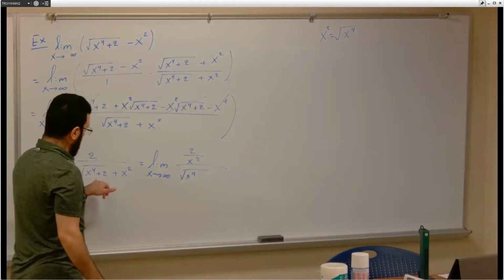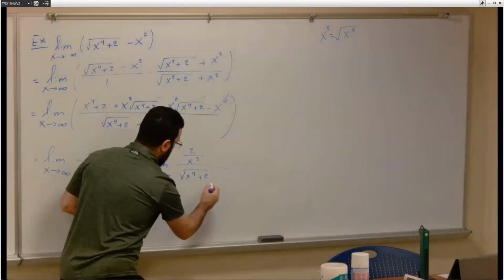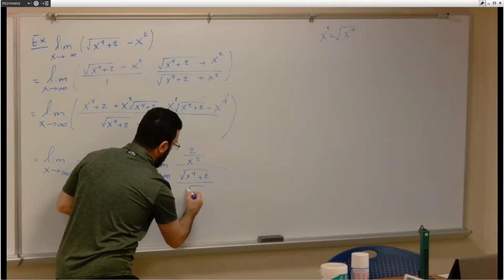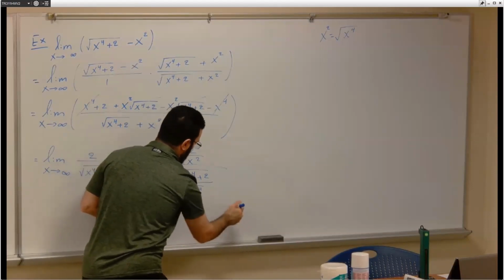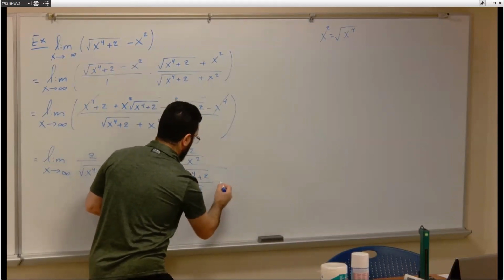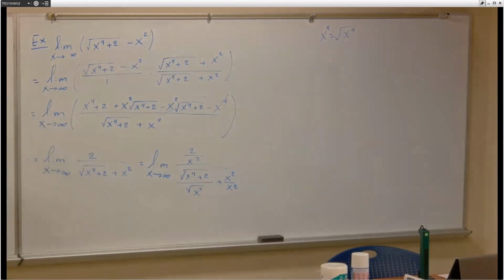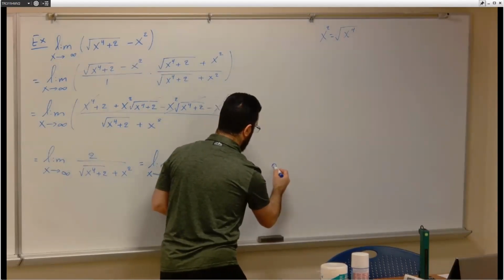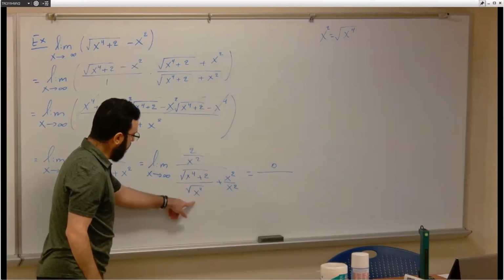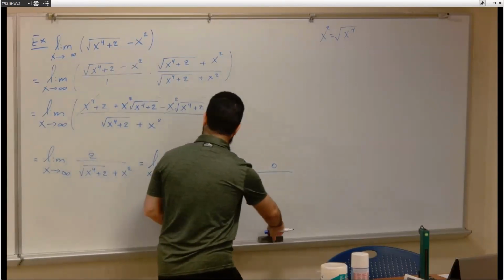Here, x to the power 4 plus 2, divided by the square root of x to the power 4, which is x squared. And the plus x squared, I can say divide by x squared. So these are the same, x squared, x squared. The top is going to be the limit for this one, which is 0. This is 1.